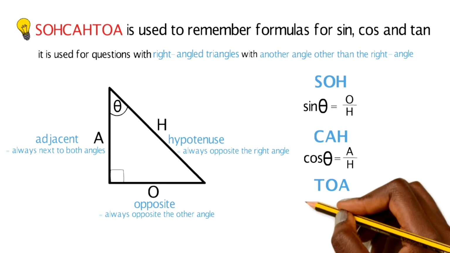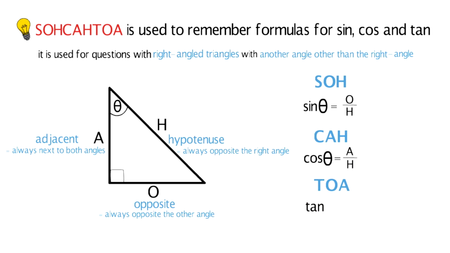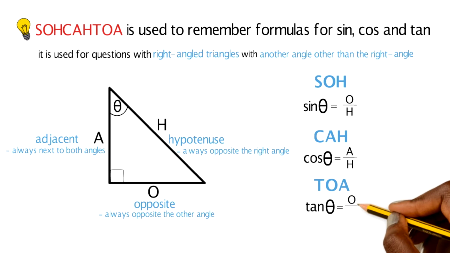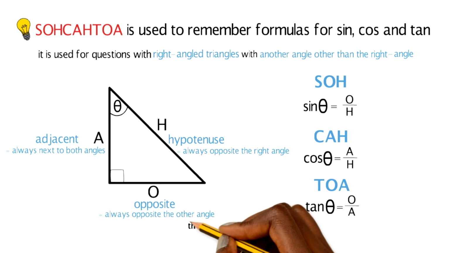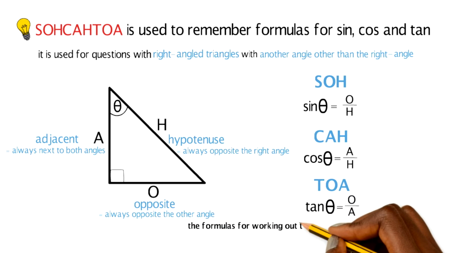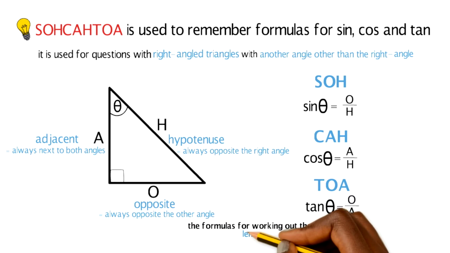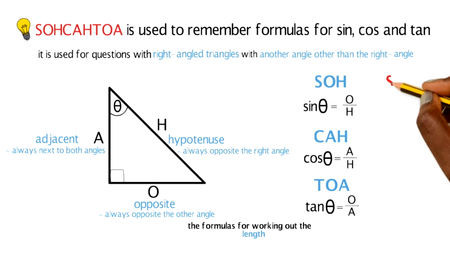So our TOA is tan theta is equal to the opposite O over the adjacent A. And these three formulas, we use them if we want to work out the missing length, all right? So if there's a missing length, we use these three formulas.